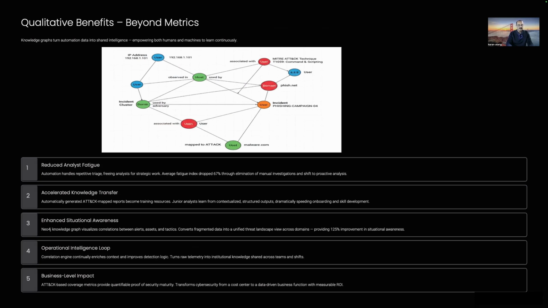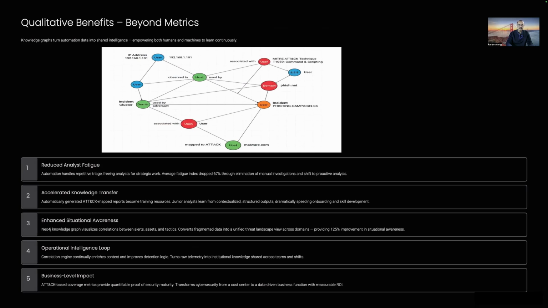Operational intelligence loop essentially means that the correlation engine continuously enriches context and improves detection logic, right? So there's a feedback loop, and that ensures that the raw telemetry is converted into institutional knowledge shared across teams and shifts, right? Business level impact: instead of treating cybersecurity as a cost center, it converts that to a data-driven business function with measurable ROI.